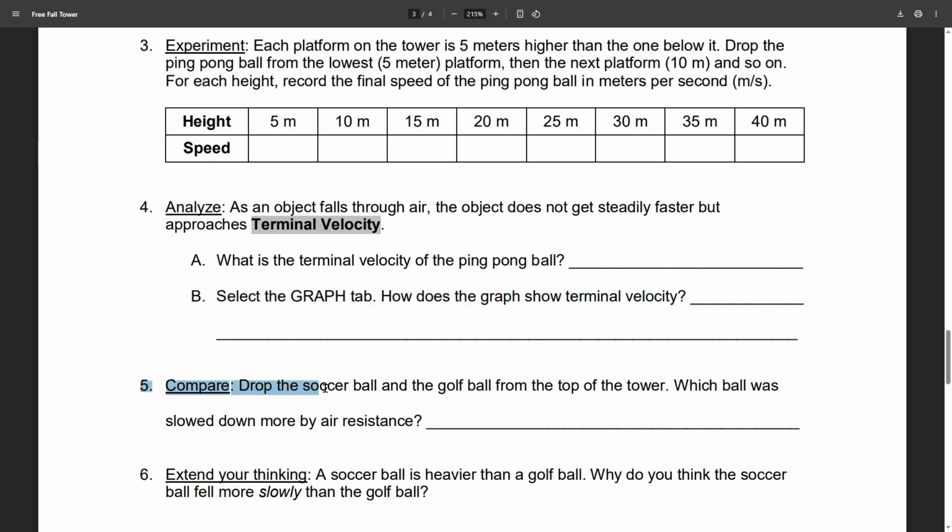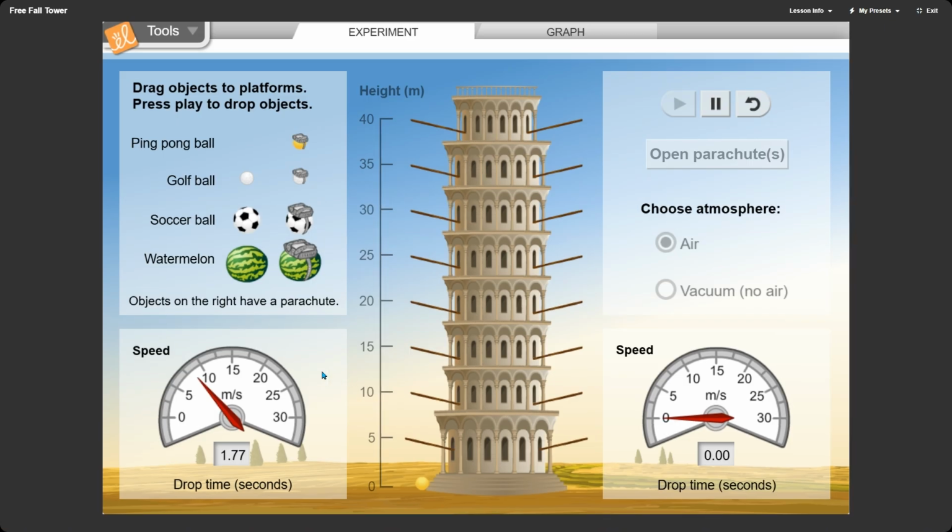Number 5, drop the soccer ball and the golf ball from the tower. Which ball has slowed down more by air resistance? So for this one, you want to take the soccer ball and the golf ball.